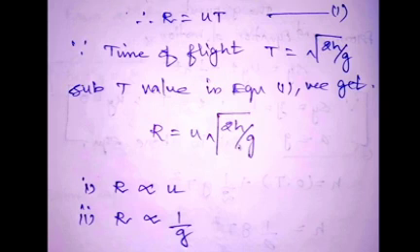So I am going to substitute this T value in equation number 1, and I get R equal to u into square root of 2h by g. Which means I substituted the time of flight value in equation number 1, and this final equation represents the range of the object hitting the ground from the point where it started.